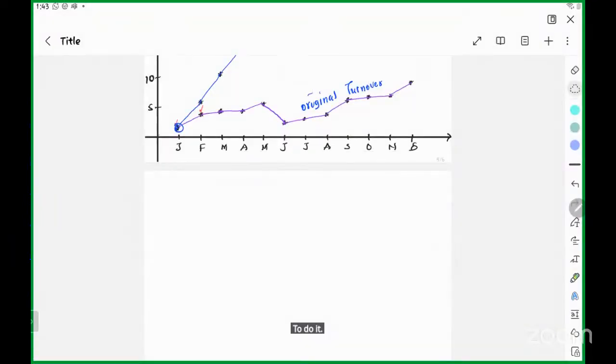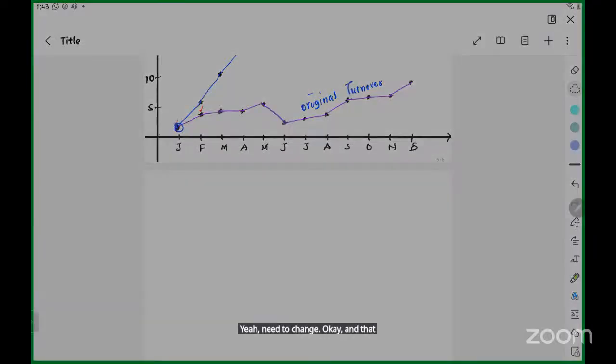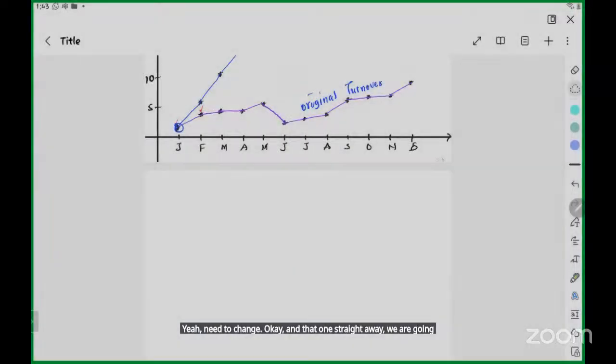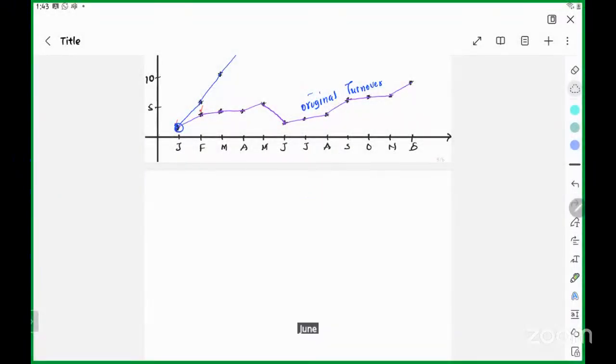Yeah, need to change. Okay, and that one straight away, we are going to use June 2015, I think.